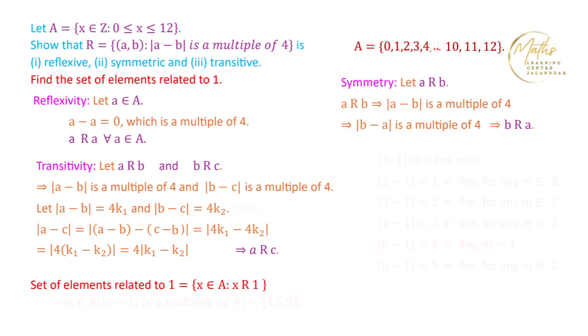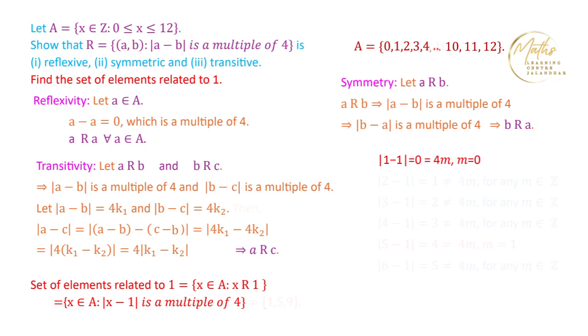It means we are trying to find those x for which |x − 1| is a multiple of 4. Now if we look at the elements of the set A, for x = 1 we are calculating |1 − 1| = 0, so it is a multiple of 4.